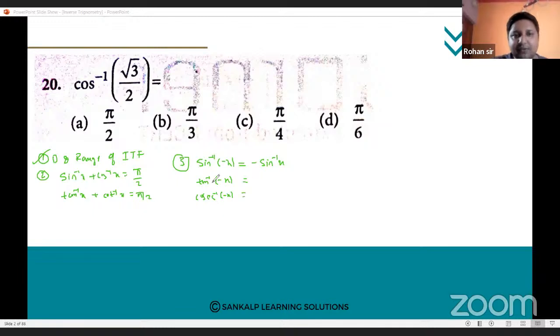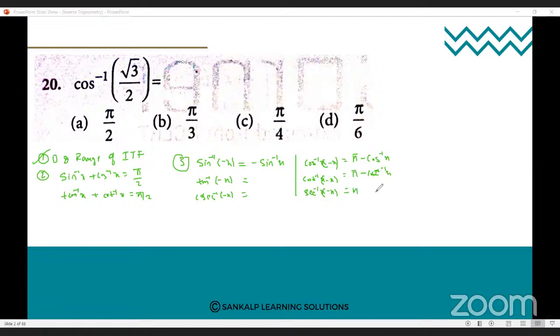In case of cos inverse, cot inverse and sec inverse of minus x, the result is pi minus cos inverse x, pi minus cot inverse x, and pi minus sec inverse x.